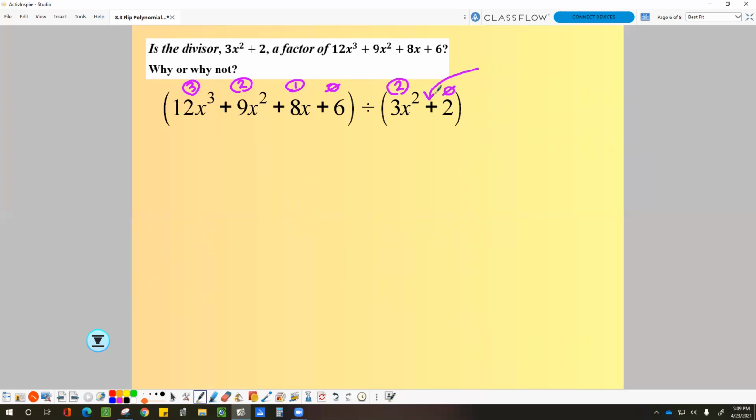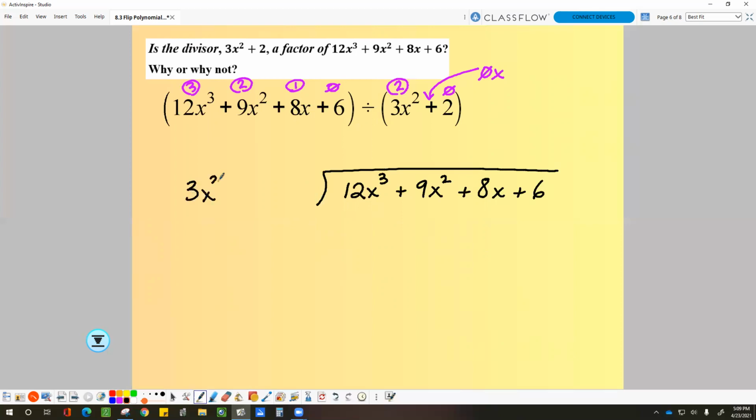I will need to add a placeholder 0 for my degree 1 term. Now I can rewrite this as a long division problem. 12x to the third plus 9x squared plus 8x plus 6. This is divided by 3x squared plus 0x plus 2.